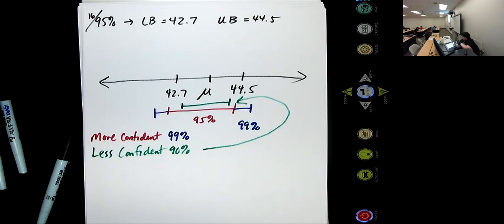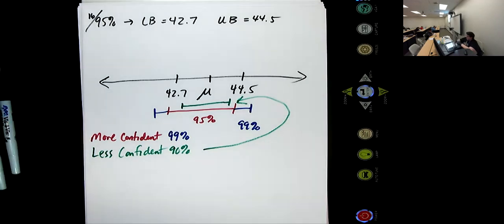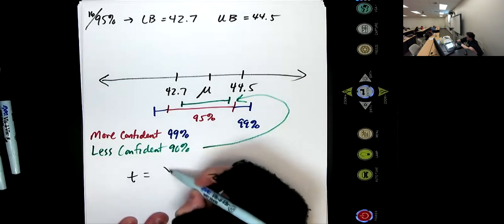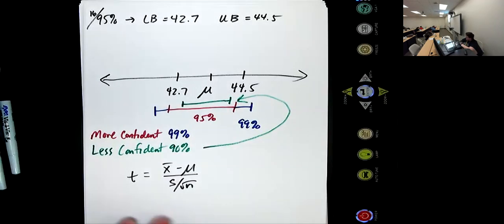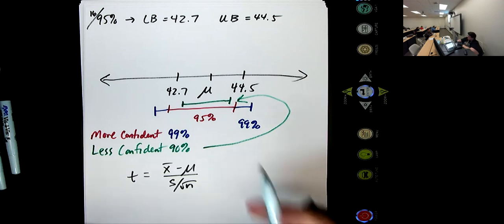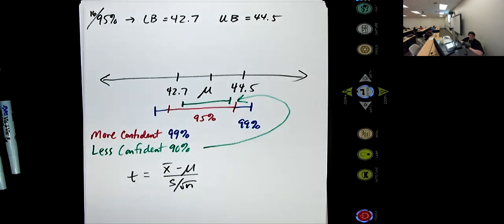Okay, and what else is going on here? We had T equaled X bar minus mu over S divided by square root N. So we're still dividing by N. Let's see.